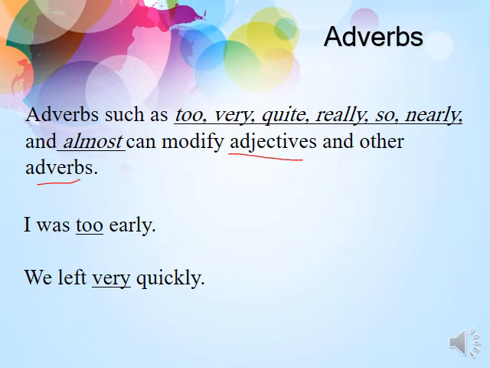I was too early. So early here is an adjective. Why? Because we have here a linking verb. So this is an adjective for the subject.